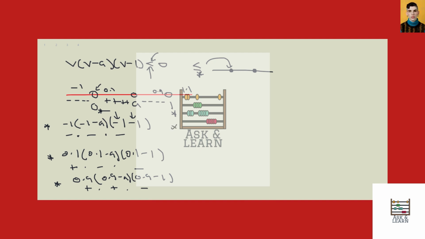And then the last test point is 1.1. So 1.1, 1.1 minus a, and then 1.1 minus 1. 1.1 is positive, 1.1 minus a obviously is positive because it's to the right of a, and 1.1 minus 1 is also going to be positive because it's to the right of 1.